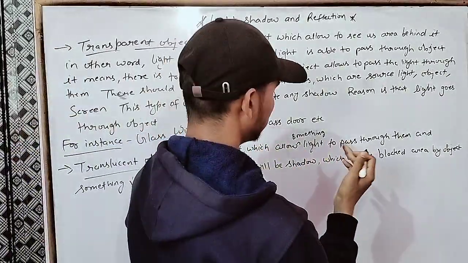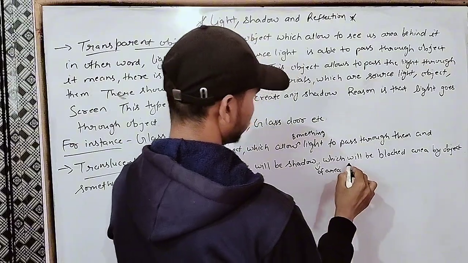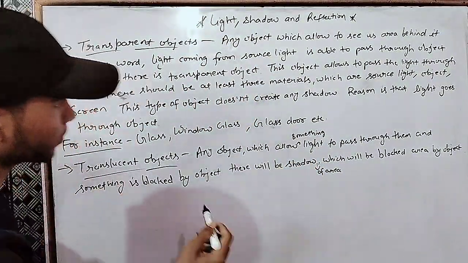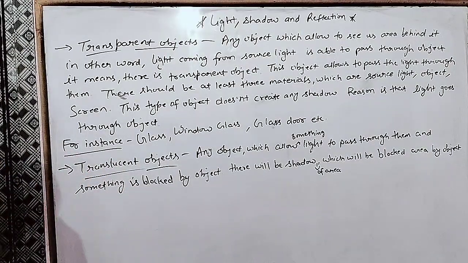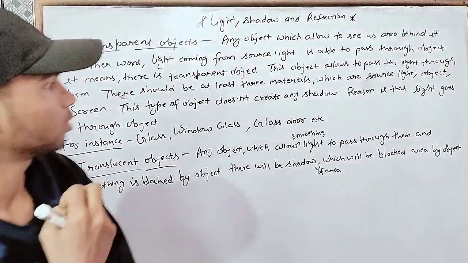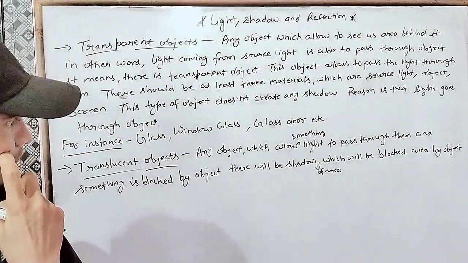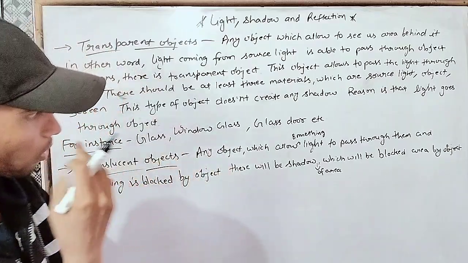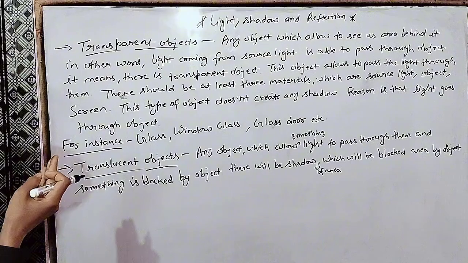Shadow of the area which will be blocked by the object. Clear? Any object which allows some light to pass through them and some is blocked by the object, there will be a shadow of the area which is blocked by the object.